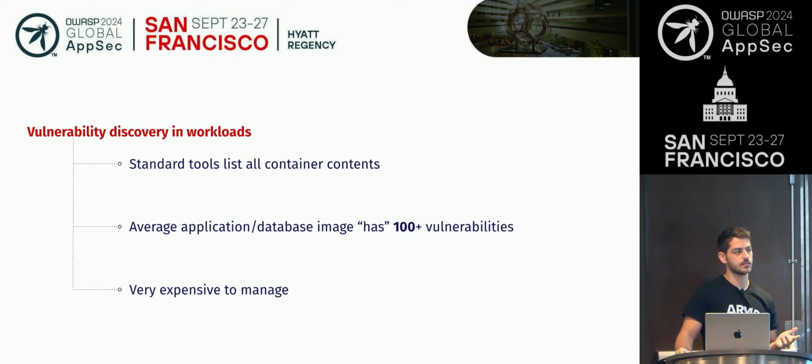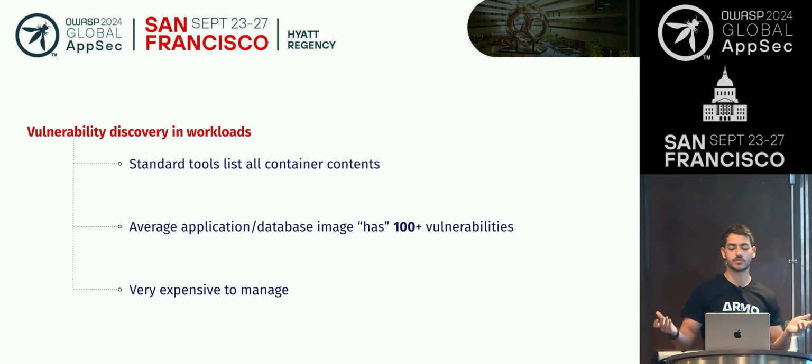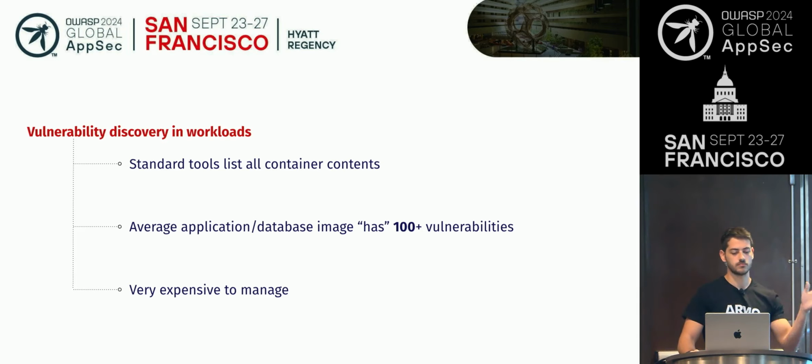But the problem is that the average application has about 100 vulnerabilities. And as we all know, not all of those vulnerabilities are actually dangerous or can affect us or are even relevant to our application, because there are a lot of vulnerabilities in software packages that aren't really being used in runtime. So all in all, it's very expensive to manage this thing.